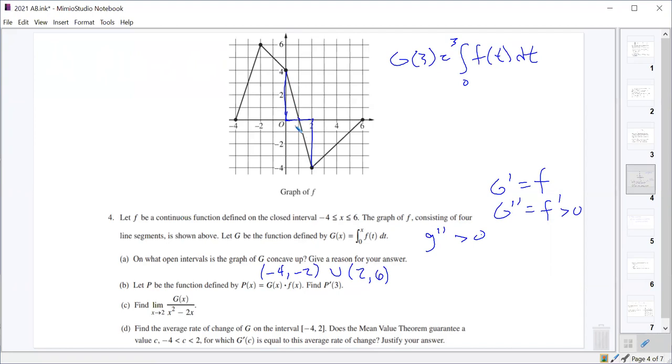So those are going to cancel each other out. And then we've got minus whatever this piece is here. So what is that piece? That's a trapezoid. One base is 4. The other base is 3. Average of the bases times the height gives you g of 3 is -7/2. Everybody good with that? So g of 3.